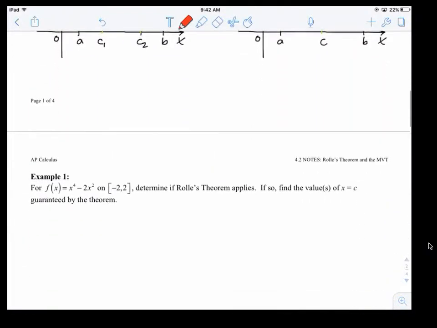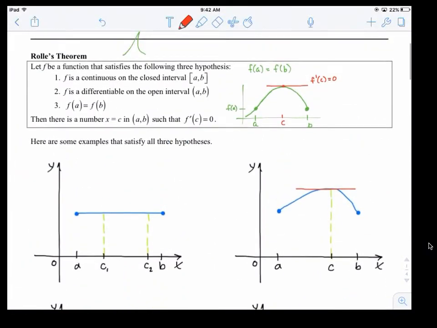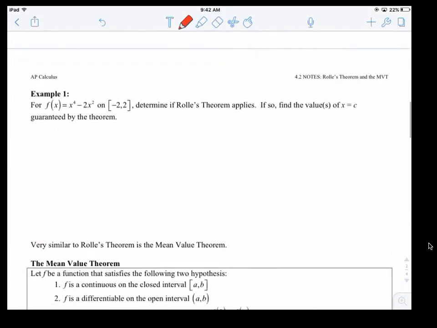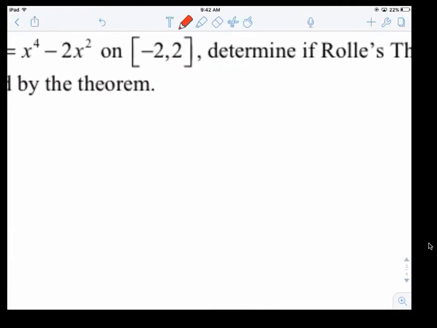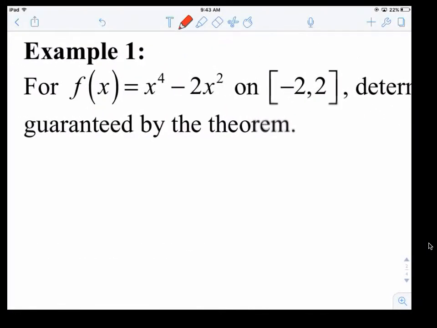Okay, so you have x to the fourth minus 2x squared from negative 2 to 2. Determine if Rolle's theorem applies. If so, find the value guaranteed by the theorem. Okay, so is that a continuous function?